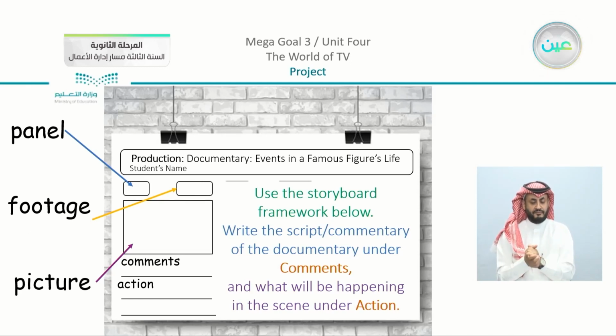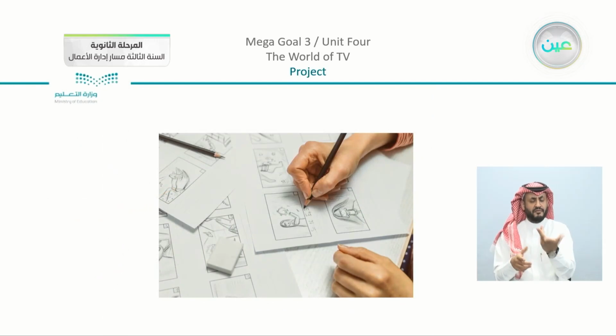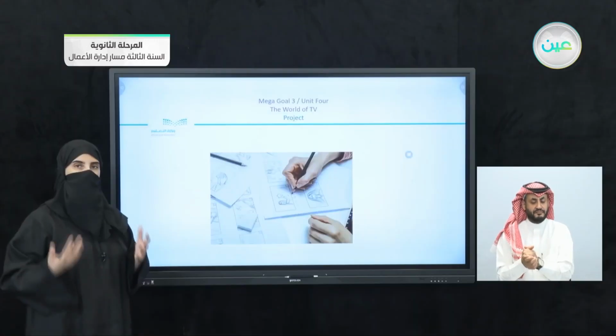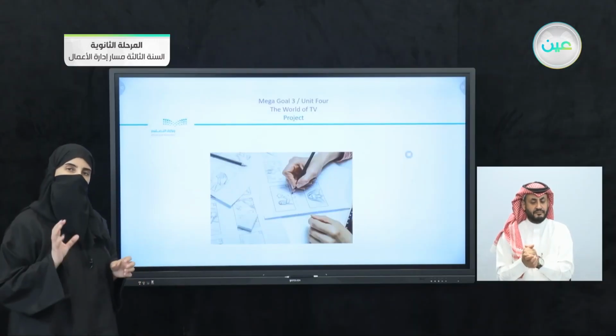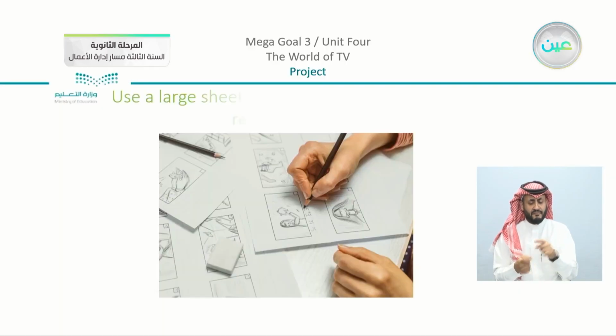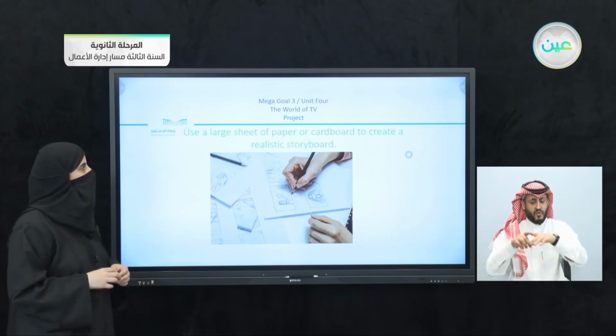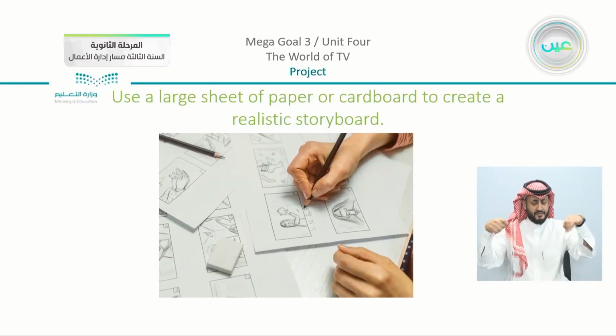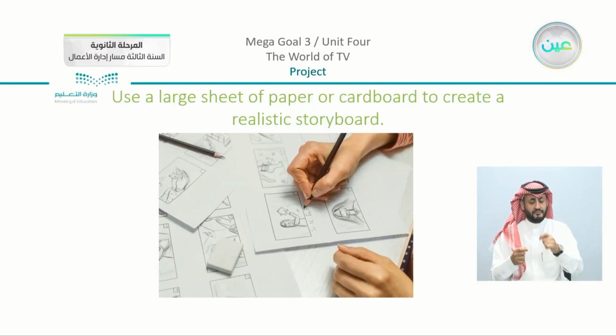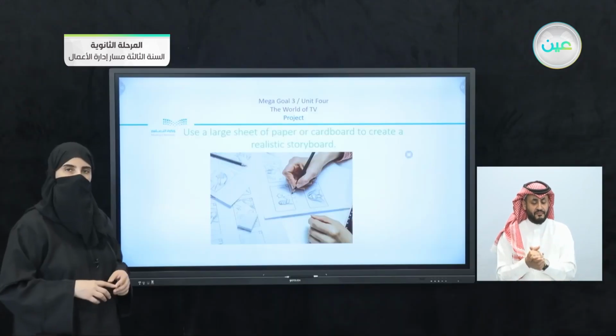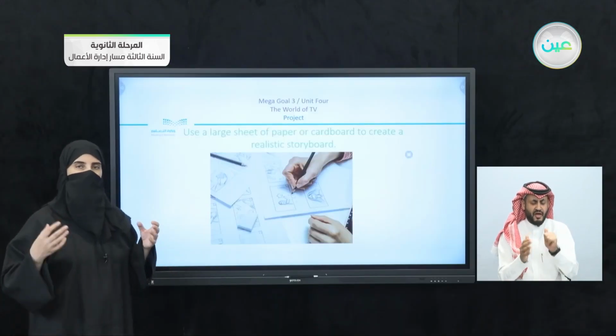So how can we start with our storyboard? Of course, instead of starting immediately with the storyboard, we are going to do something very simple at the very beginning. We are going to use a large sheet or cardboard to create a realistic storyboard. So it's not just using a small sheet or a simple piece of paper.